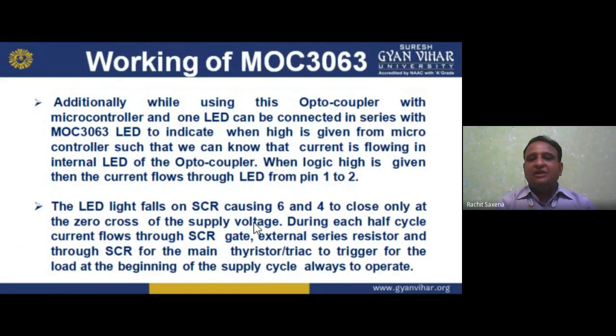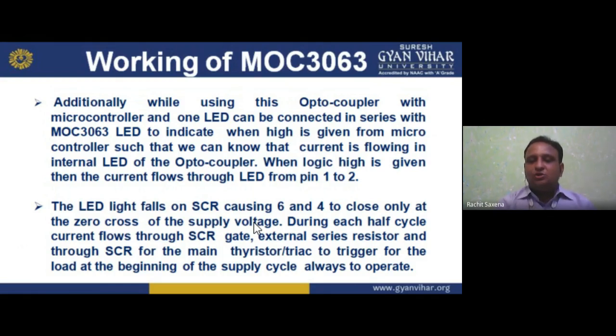Additionally, while using the optocoupler with a microcontroller, one LED can be connected in series with the MOC3063 LED to indicate when high is given from the microcontroller, so that we can know that current is flowing. In the internal LED of the optocoupler, as per the diagram, when logic high is given, the current flows through the LED from pin 1, anode to cathode.